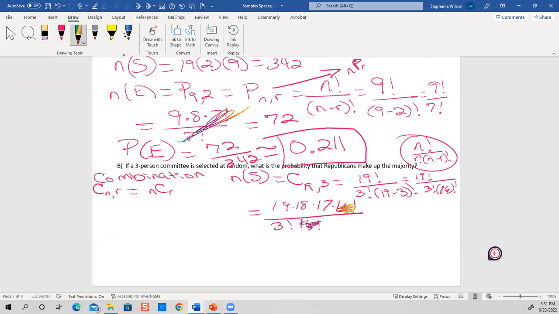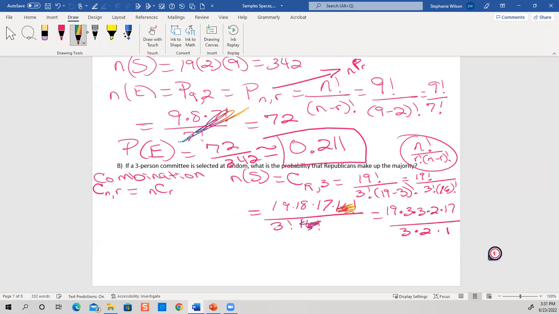And I notice I can break 18 down as 3 times 6. Well, let me not skip that step. I'm skipping a step thinking it was going to help, but I need one more step. So I have 19 times 18, which I'm going to break 18 down as 3 times 6. But 6 is 3 times 2, and then times that 17, all over 3 times 2 times 1.